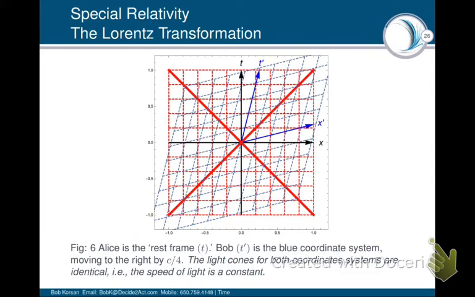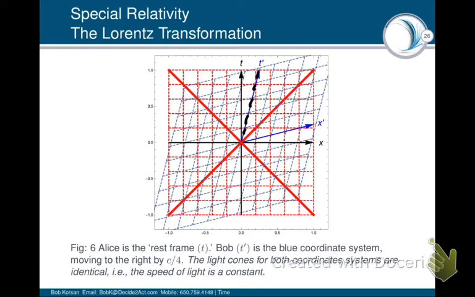So the direction of Bob in Alice's coordinate system is directly here along the blue line.